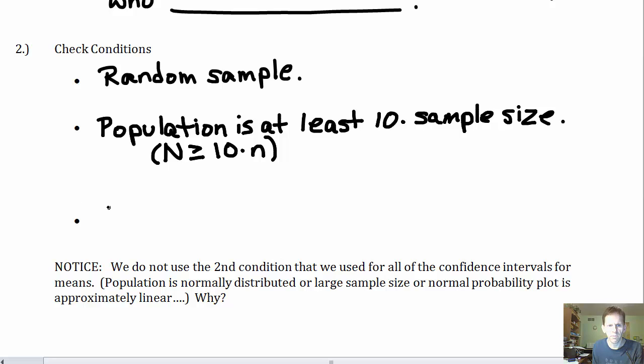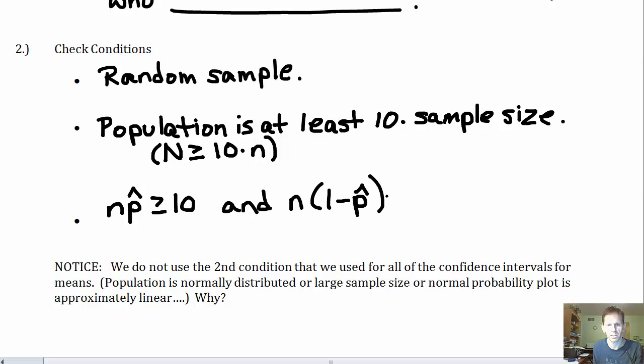The other condition that we're going to need to check is a series of formulas. We need to verify that n times p hat is greater than or equal to 10, and we also need to verify that n times 1 minus p hat is greater than or equal to 10. This resembles something we talked about in chapter 9 as well, except in chapter 9 it was n times p and n times 1 minus p. What's the sense in checking this?